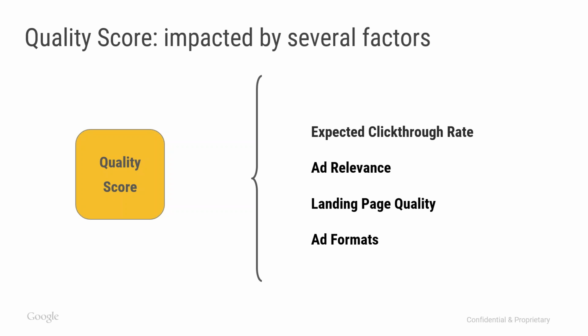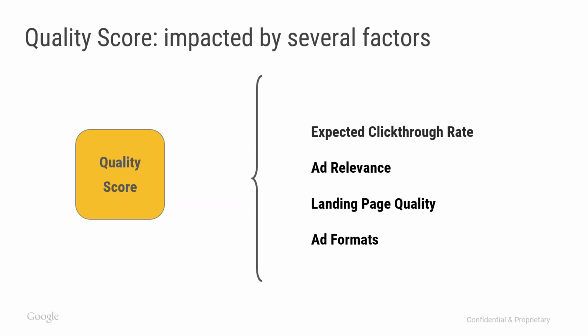So the first factor is the expected click-through rate. So let's say you chose to bid on keywords like Bali holiday. What the Google system does is that it tries to predict if your ad would get a click or not based on the previous history. So this is just a prediction of how often your ad will be clicked when it is shown.